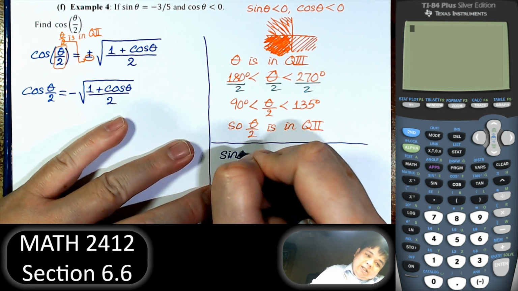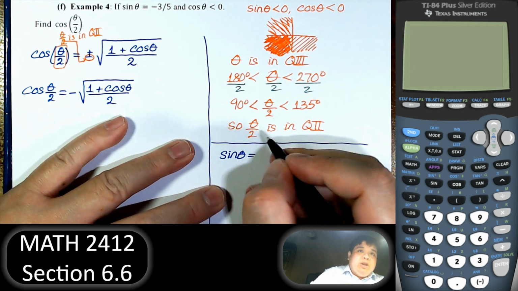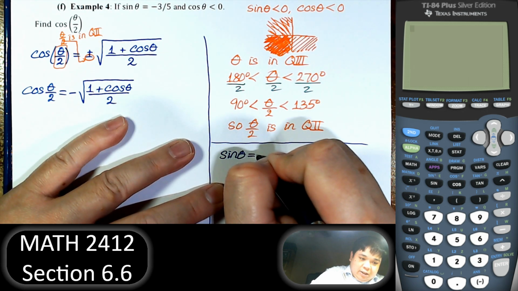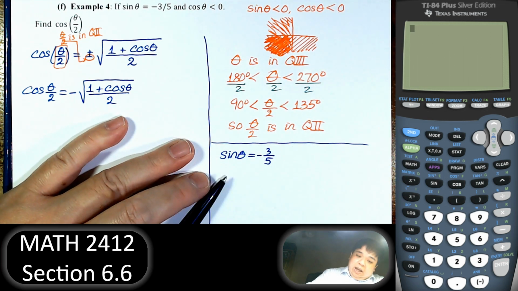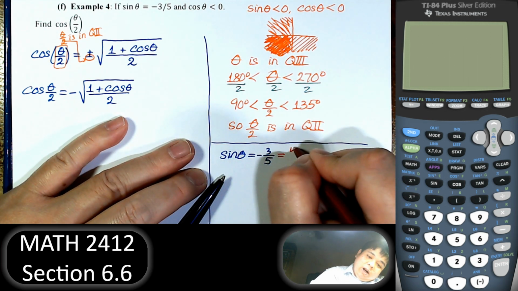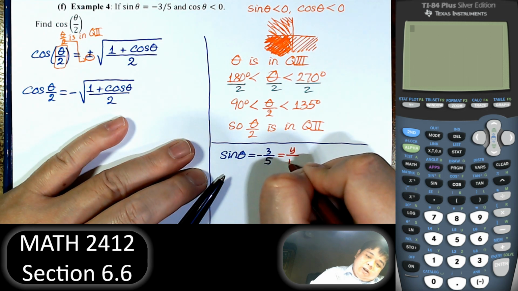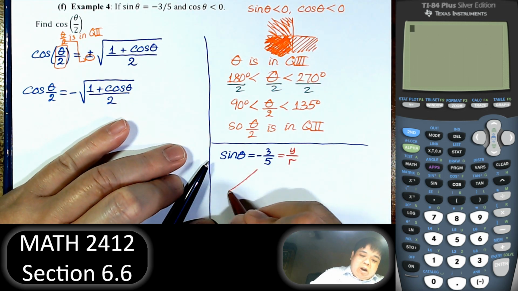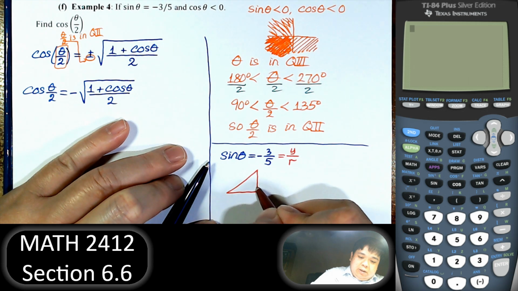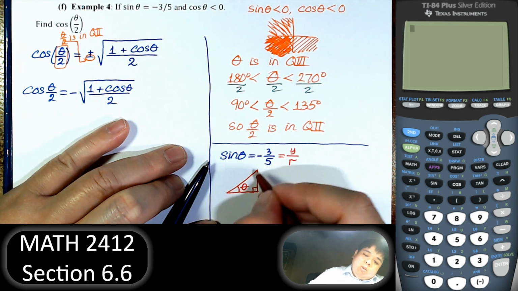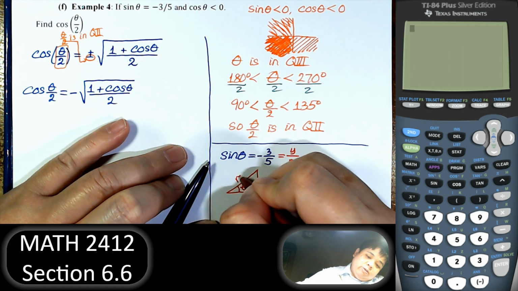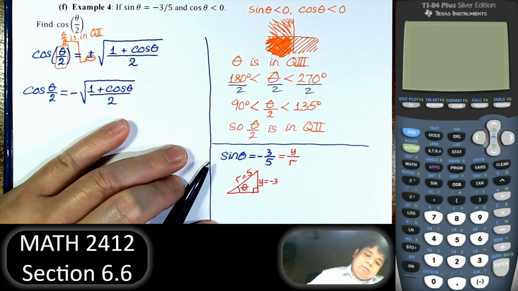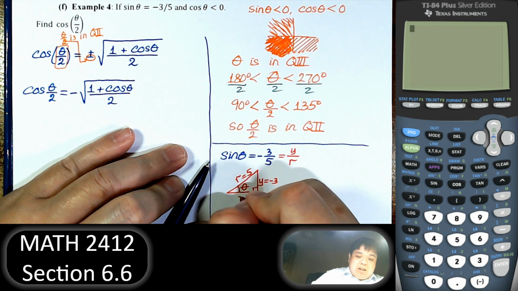Sine is equal to negative 3 over 5, and the ratio for sine is y over r. So if we draw a triangle, angle theta, y is negative 3 and r is equal to 5. We can solve for x easily.